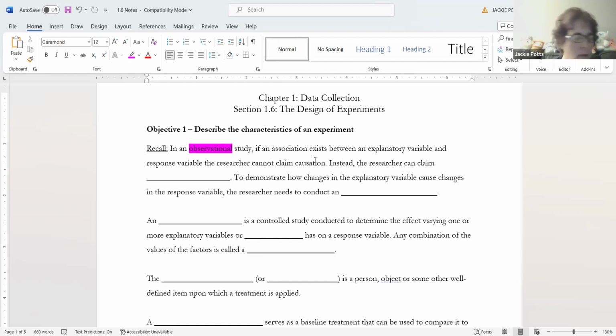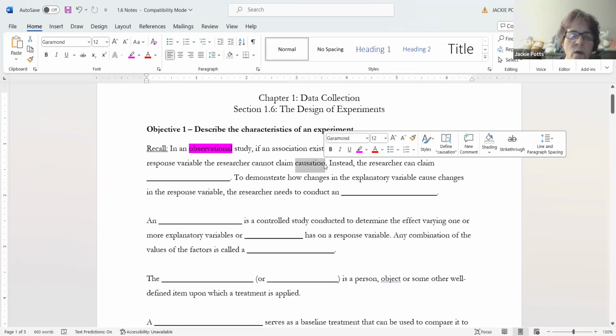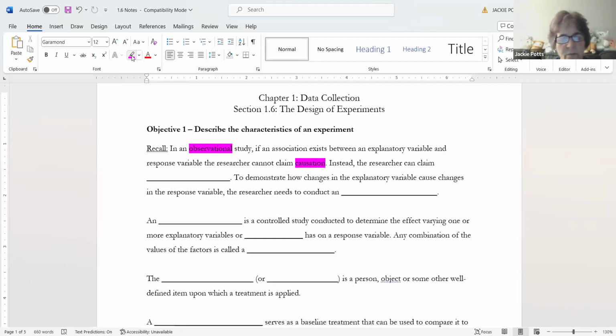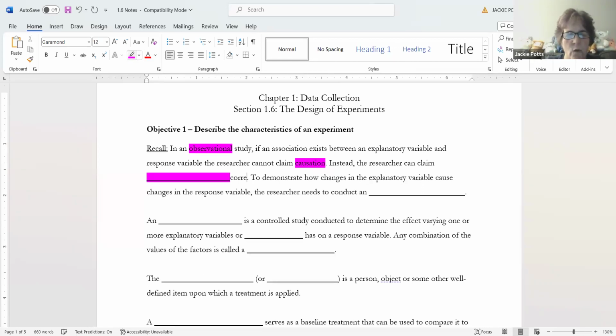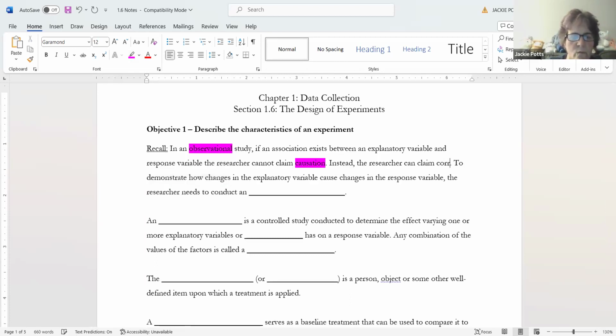We cannot claim causation. Instead, we can claim correlation or association.